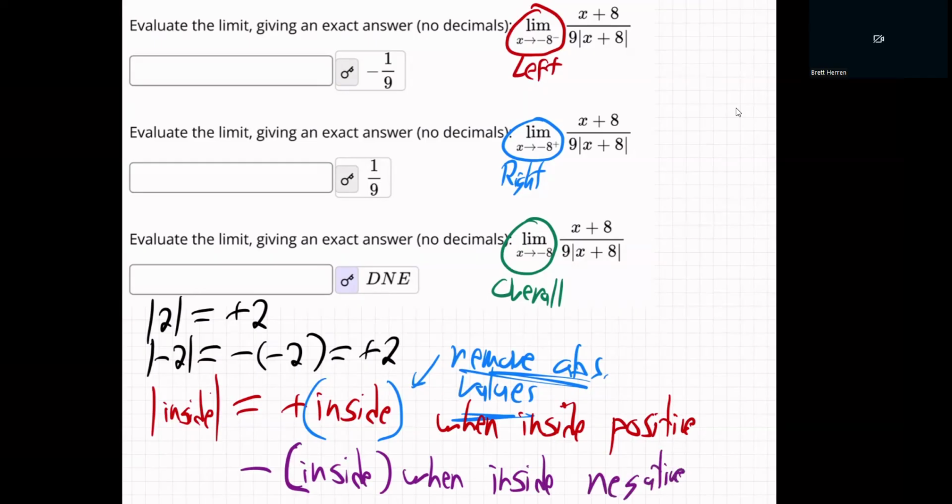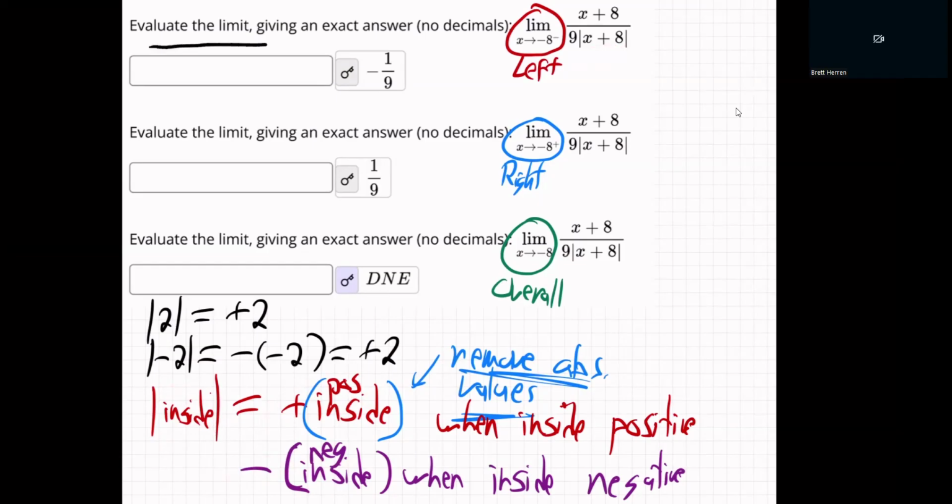Now, this here is a positive inside, and this here is a negative inside. So the other negative in the front and the negative inside, it makes it positive. So it's our job to decide if the inside of the absolute value is positive, if so it puts plus in the front, or negative, if so it puts another minus in the front. So the two minuses will be positive. So come back up here, look at this absolute value. Now this is -8 left.